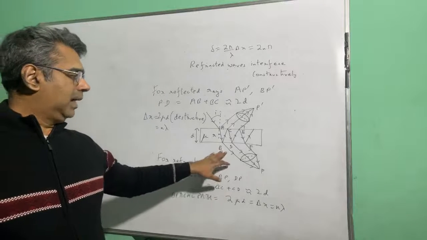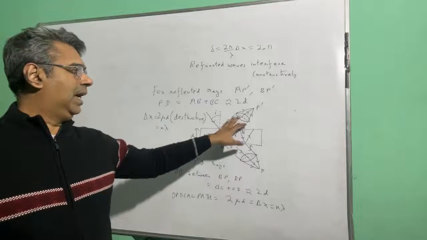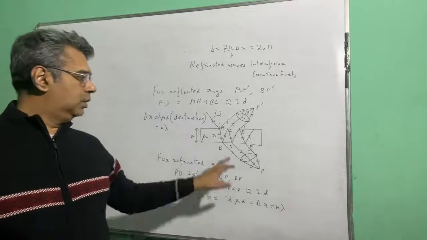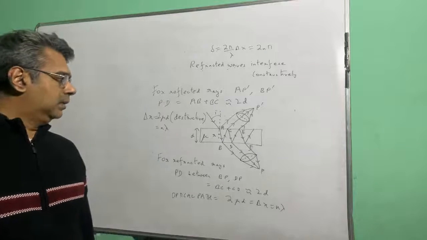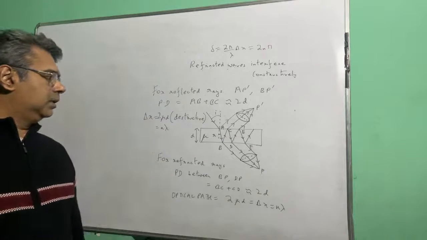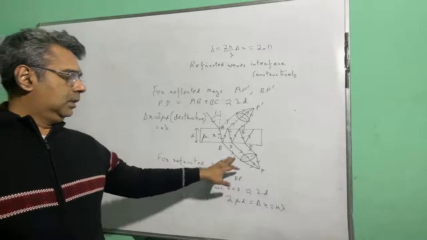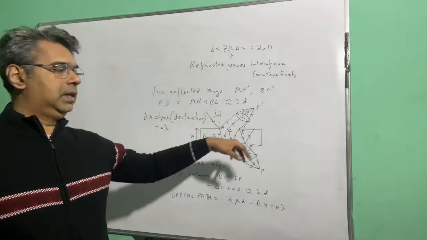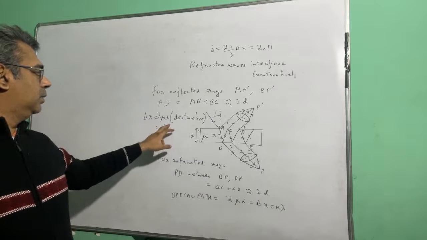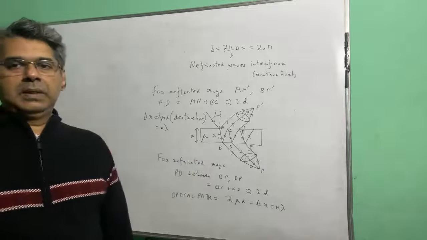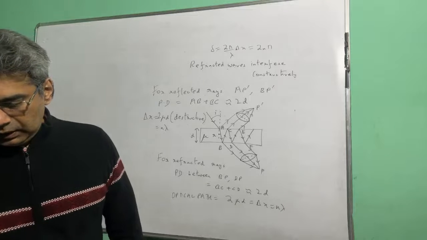So you cannot have maximum intensity of refracted and reflected both. That means that when the refraction is maxima, the reflection will be minima. So that means delta x equal to 2 mu d equal to n lambda will be the condition for destructive interference.